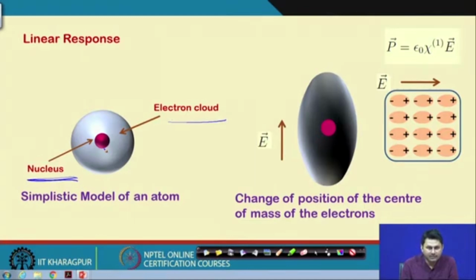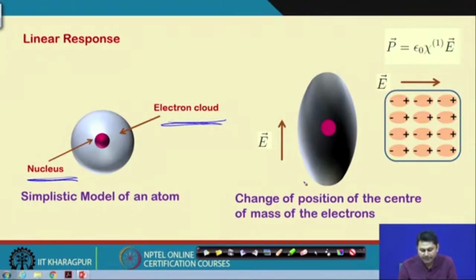This is the simplistic model of an atom we know. So, the question is what happens to this system when we launch an external electric field. In the next figure we can see that when I launch an electric field, this electron cloud is distorted. Now it is not a sphere shape, some kind of elliptical shape is there. This is just a schematic figure to show how these things can happen.